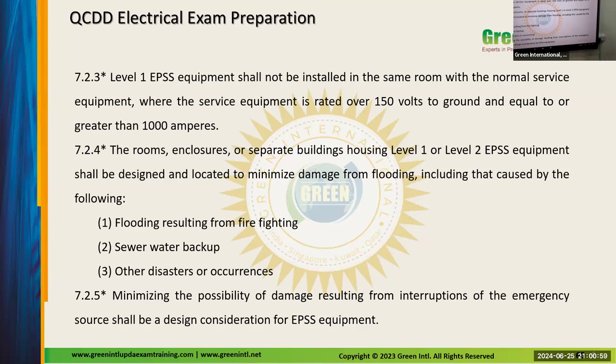NFPA 70, National Electric Code. 70B, 70E. 70B for maintenance, 70E for safety. Let me discuss in detail. So all these three standards, we need to refer to. We have questions from these areas.